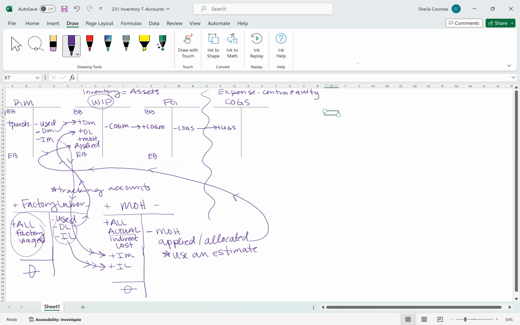And that's the whole reason why we allocate overhead to jobs, because we can't wait for those final bills. So even though we may get to a point where we do not equal zero, the goal is that we have to be, because we're never going to recognize more expense than we actually have. And so we're going to explore that in a couple of examples in the next video.